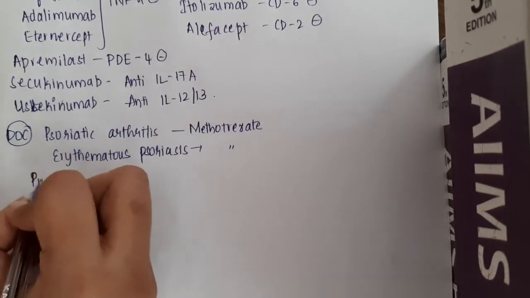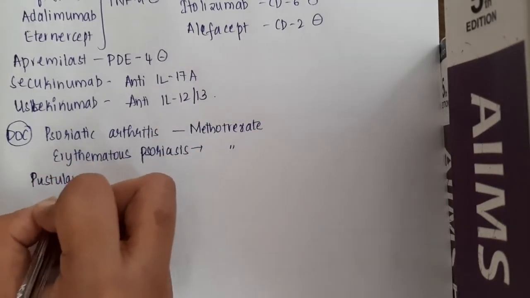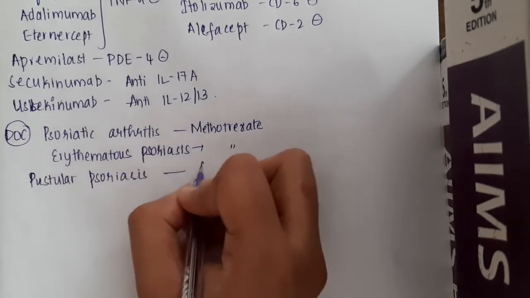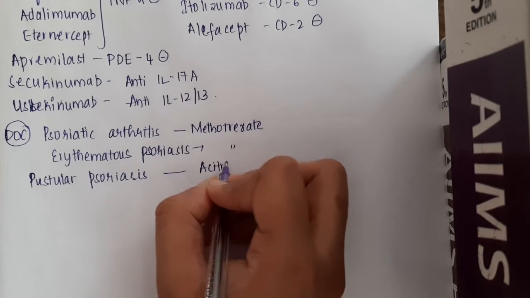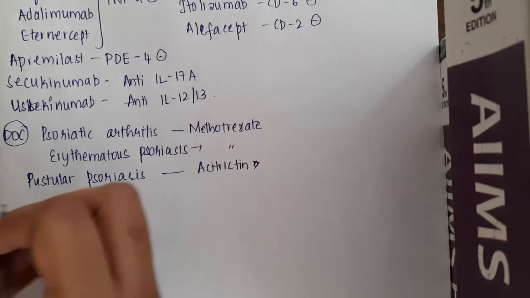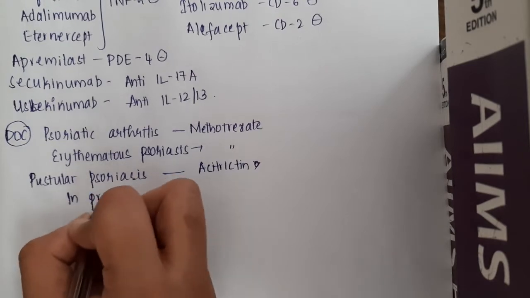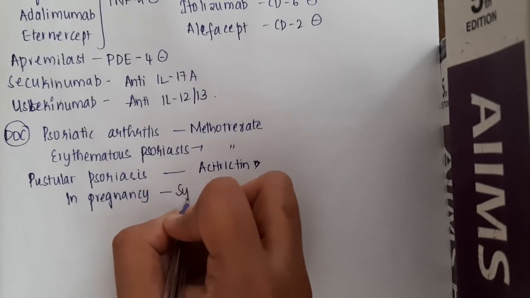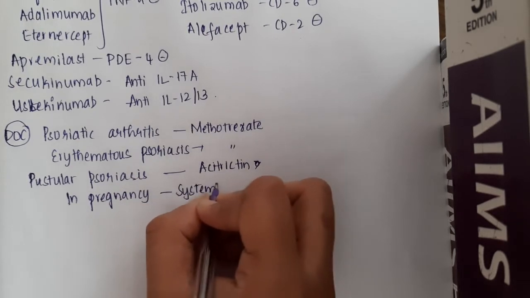Then the drug of choice for pustular psoriasis is acitretin, which is nothing but retinoids. Then for psoriasis in pregnancy, systemic corticosteroids are recommended.